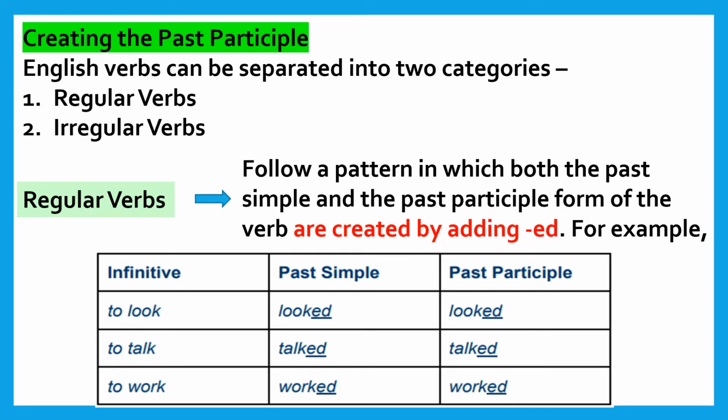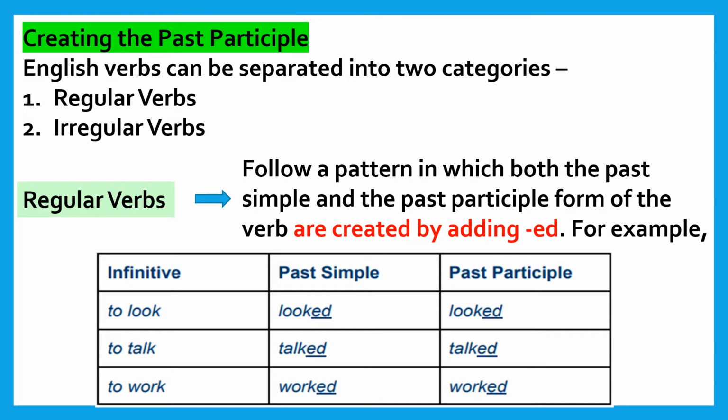For example, if the verb is look, then the past participle and simple past form of the verb is created simply by adding an ed at the end of the word. Now the word look becomes looked, talk becomes talked, work becomes worked.